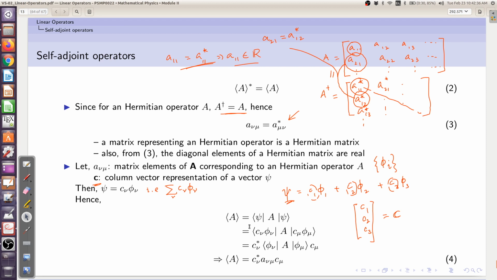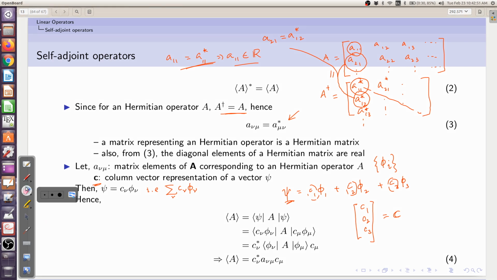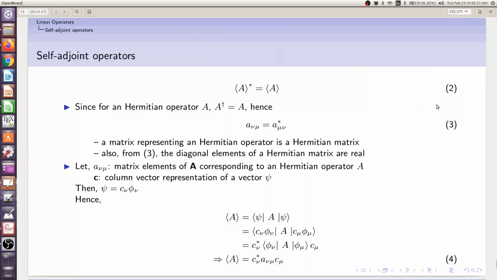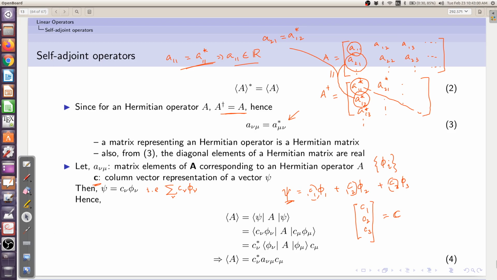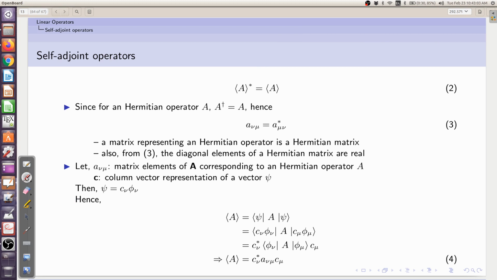So hence, the expectation value of A in the state psi is equal to the scalar product of psi and A psi. Now you expand this. What we are basically doing here is, there is a summation over nu, C nu phi nu.